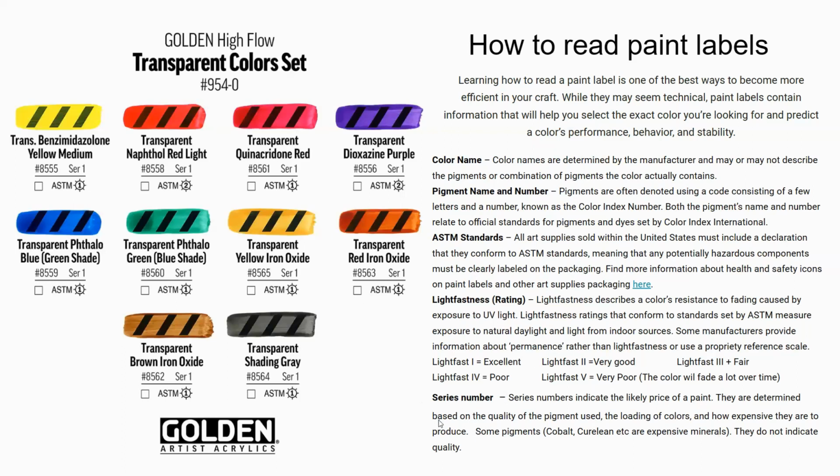So that's what the series means. When you're looking at paint prices in the art store, you're going to see series 1, 2, 3, 4, 5 relating to the pigments, and then usually there's a pricing chart that will tell you the price for those.